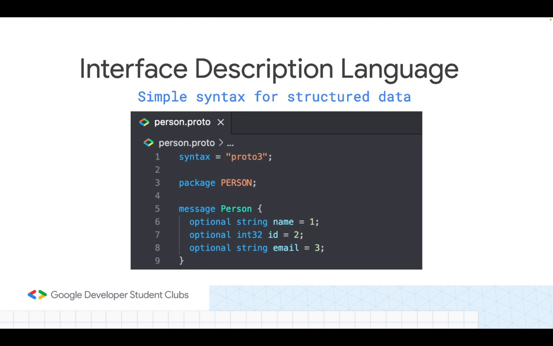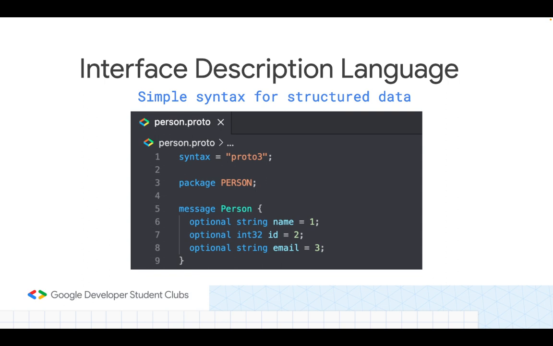You can even define a repeated variable, which is itself kind of like a pointer-based linked list. So there's a lot of options with the protocol buffer language.